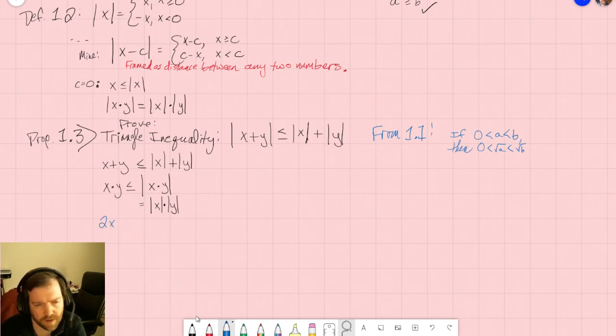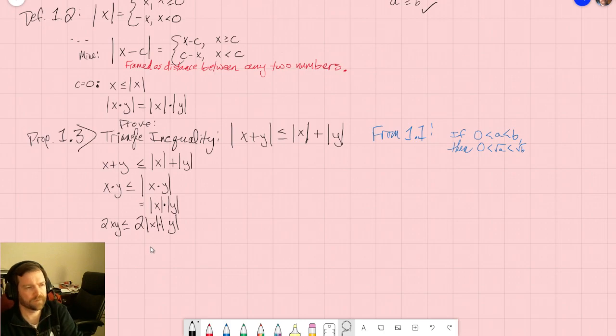2xy is less than or equal to 2 times the absolute value of x times the absolute value of y.